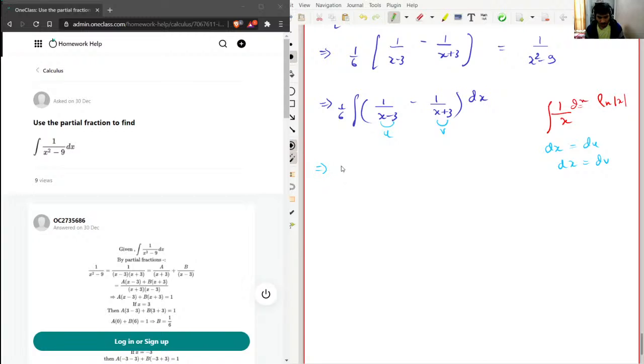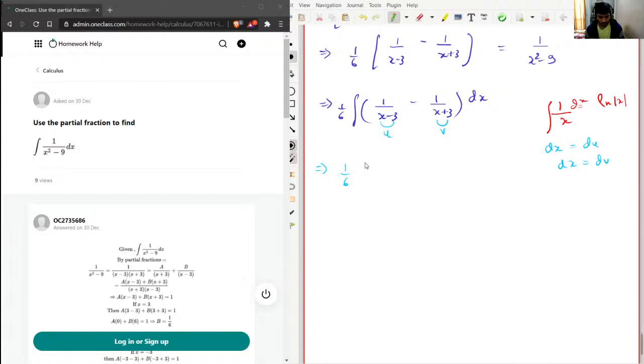So I can write this as 1 over 6 integral of 1 over u du minus 1 over v dv. I'll separate the integrals, both the integrals.